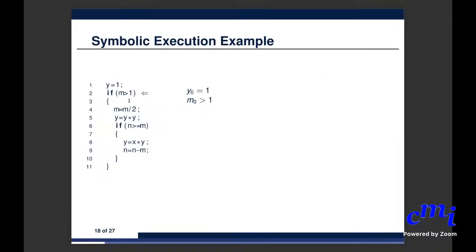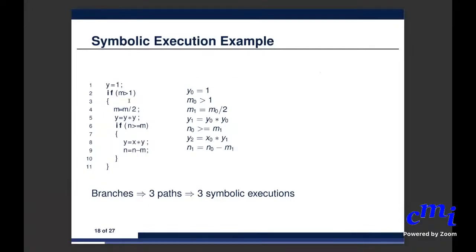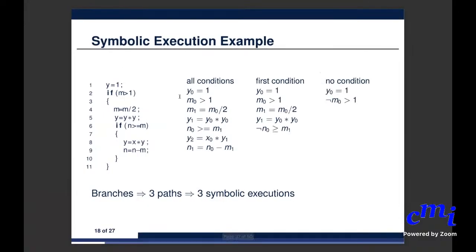So, for example, here there are three possible combinations of the truth values that these two branching conditions can take. The first one is where both of them are true. The second case is where the first condition is true but the second is false. The third is where the first condition itself is false.